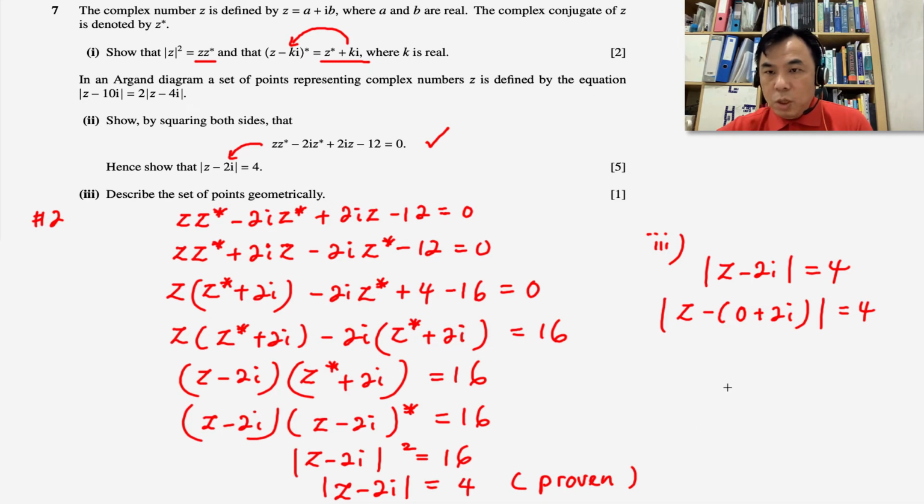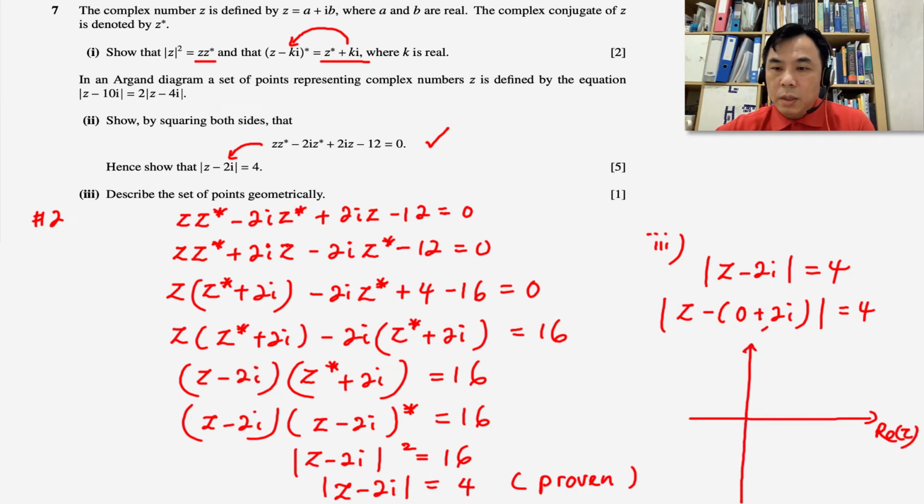Therefore, I'm going to redraw this Argand diagram one more time. Here, real, and then this is the imaginary. Now, the center of the circle should be at 0, 2 instead of 0, negative 2. And then the circle will be something like this.